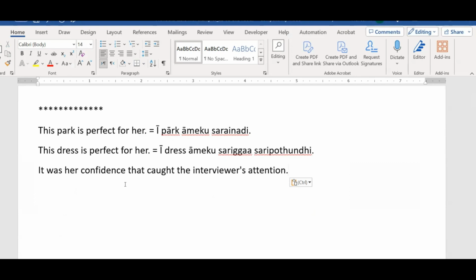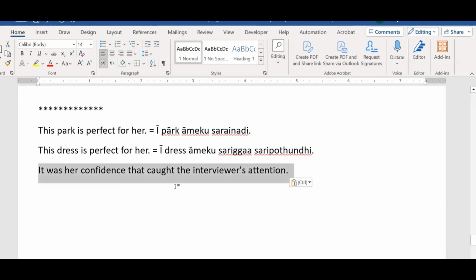If we are calling her, in that context we can use the "nu" suffix. If we are giving something or it is something towards her, we can use "to her", that is "ameku". But basically "her" means "ame" only. So, it was her confidence that caught the interviewer's attention.